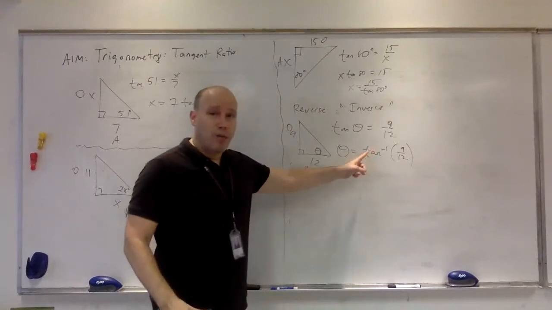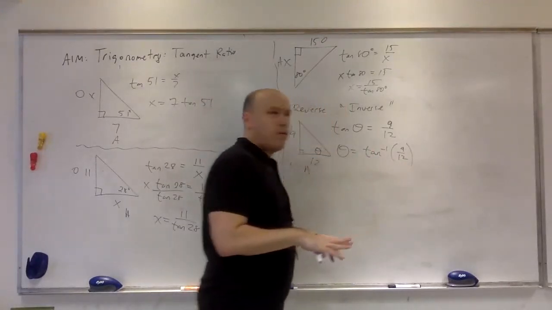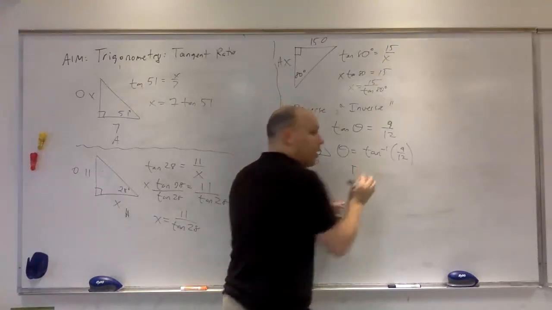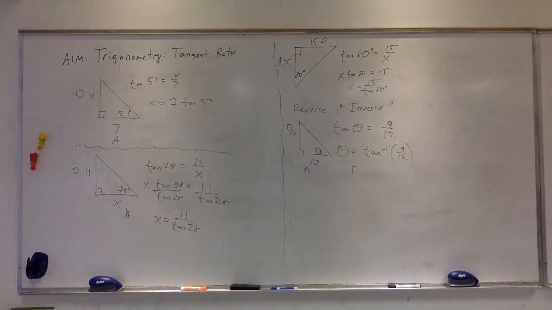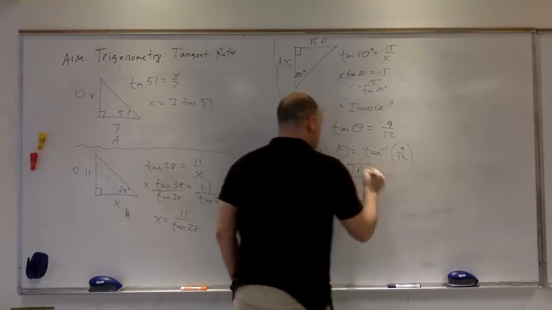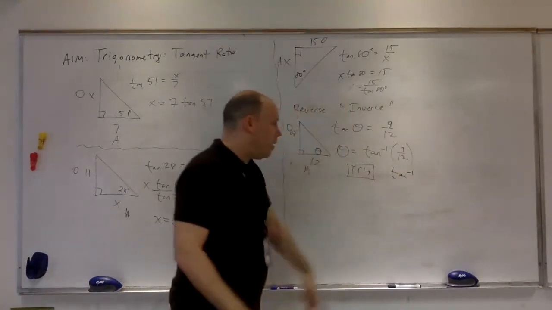How do we get tan to the negative 1? I'll probably talk about it in class, but what I want you to do, hold on one second, where is my calculator? Yes. When you press the trig button, you're going to see tan negative 1.